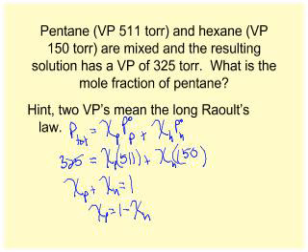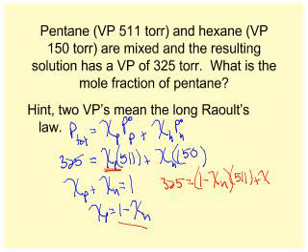I'm going to change my color here. 325 equals, I'm substituting mole fraction of pentane for 1 minus mole fraction of hexane, times 511, plus the mole fraction of hexane times 150. Again, I don't have a calculator, I'm really sorry, but I'm sure you math people can do that and find the answer.